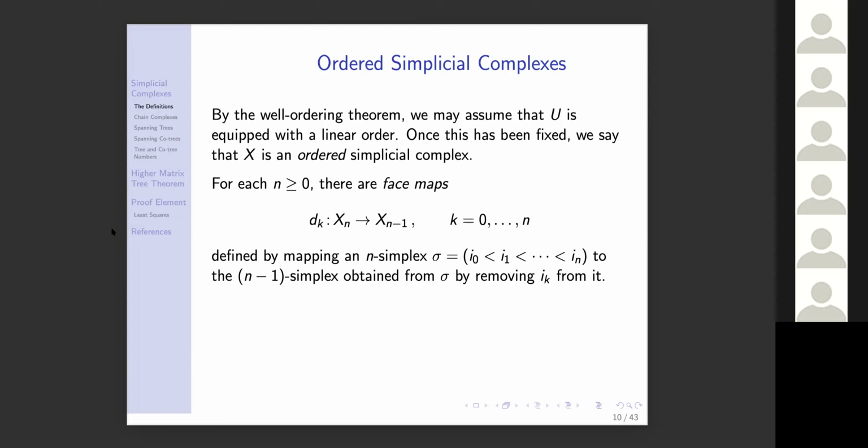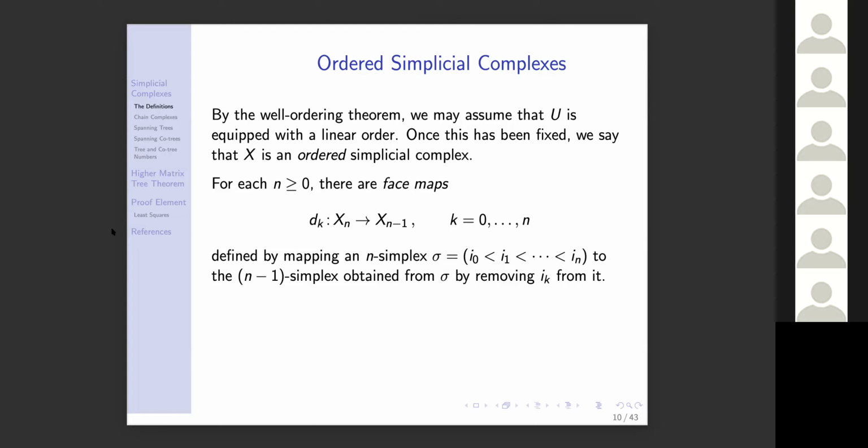And how is it defined? Well, if you take an n simplex, that's a set with n plus 1 elements, which now we can view as being totally ordered, because we're in an ordered universe. And now we can throw away the 0th element of sigma or the first element of sigma. So we just remove it, and there are n plus 1 maps we're defining in that way.